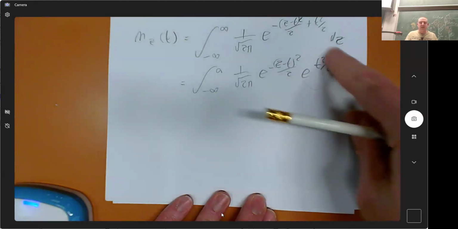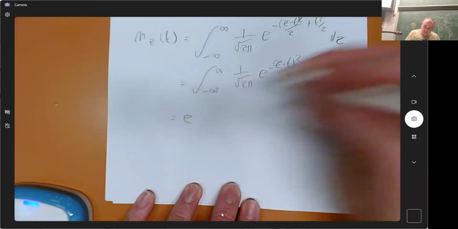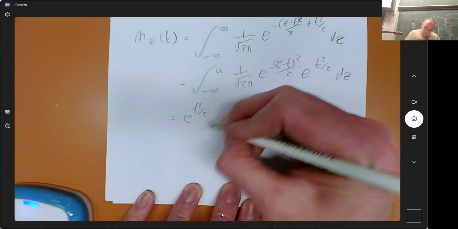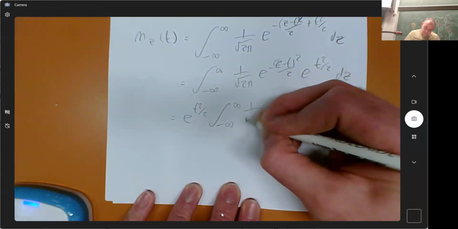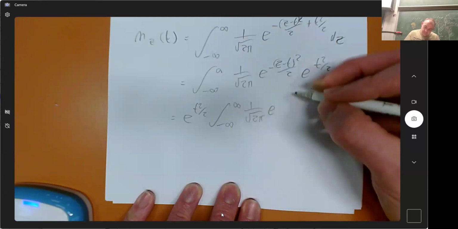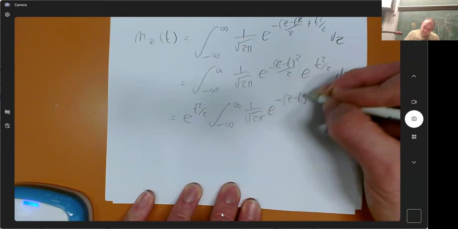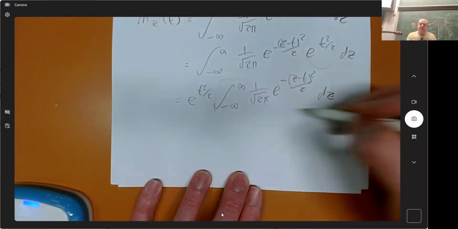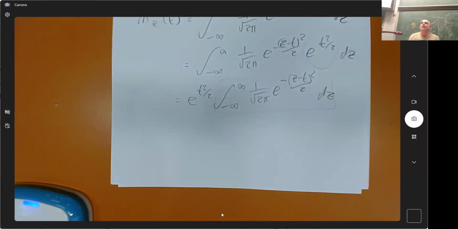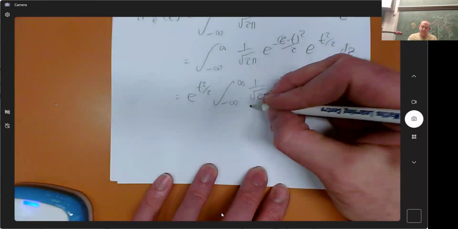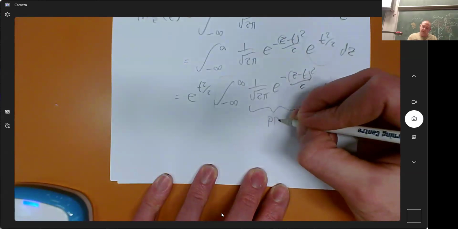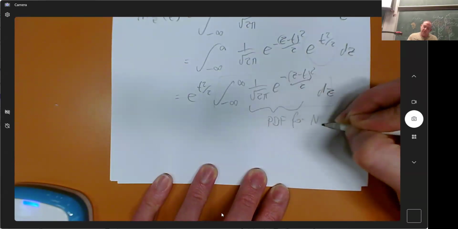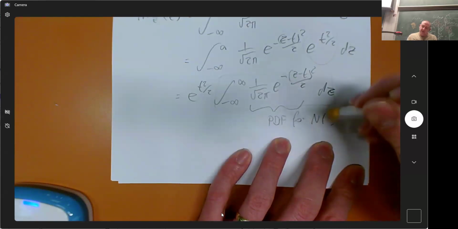This doesn't involve a z, so it can come out the front of the integral. And my friends, this is the entire integral of a PDF, which means it's 1. PDF for a normal distribution with mean t and standard deviation 1.